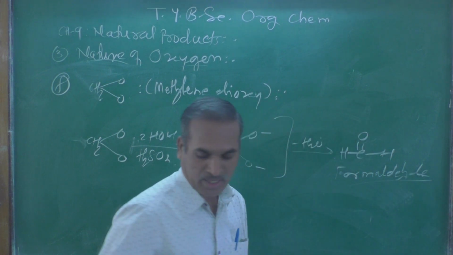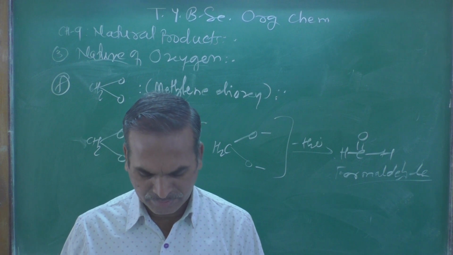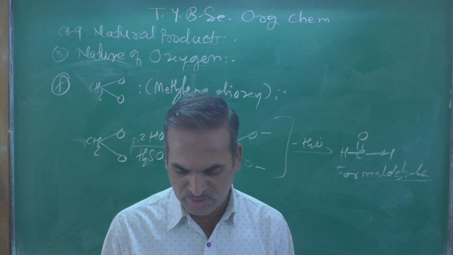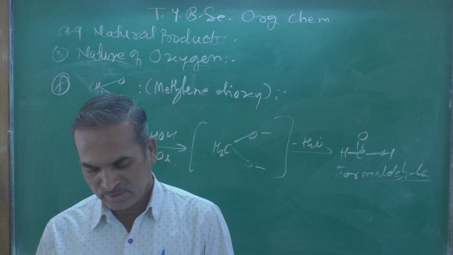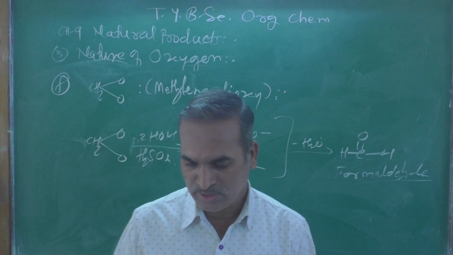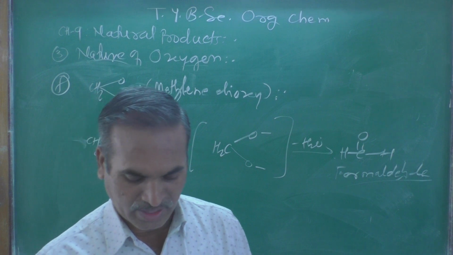This is the compound we are getting here, formaldehyde, and therefore the qualitative estimation of formaldehyde gives the number of methylene dioxy groups present in the alkaloids. So these are some of the methods for the detection of that group.